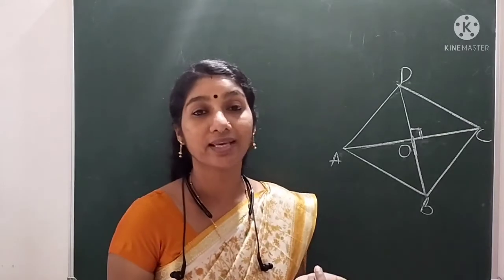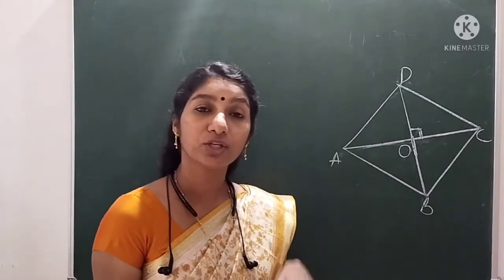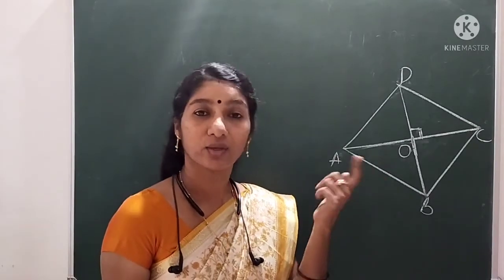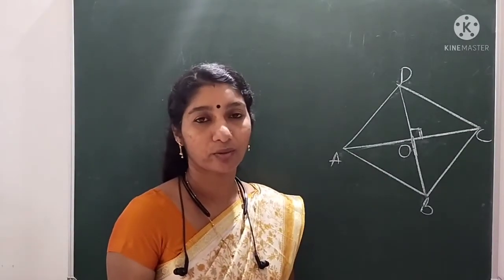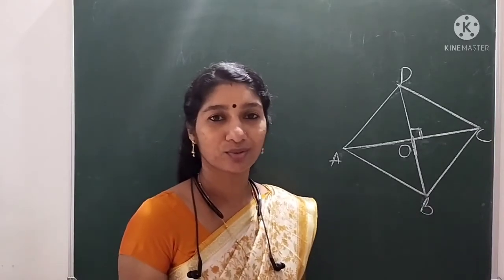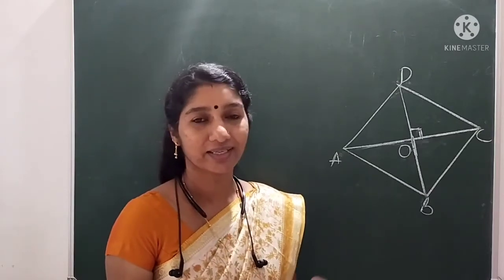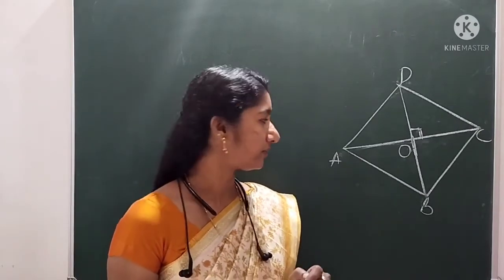To prove ABCD is a square, first we need to prove it's a parallelogram, and if all sides are equal, it should be a rhombus, and if one angle is 90 degrees, it should be a rectangle also. A parallelogram with all sides equal and an angle of 90 degrees, we can call a square. Okay.